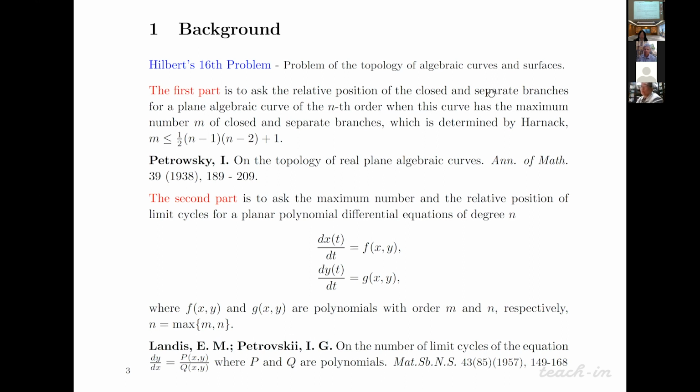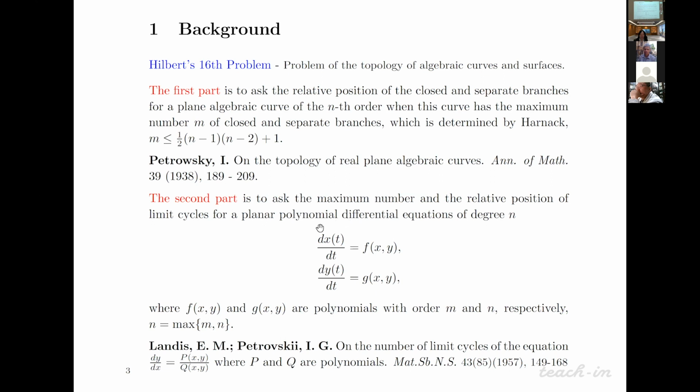Up to now, we know the number is 4. But we cannot know whether this 4 is the least upper bound.